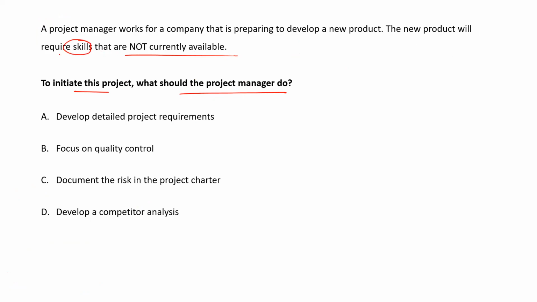Problem is what, skills, right? When it is about a skill, so quality cannot be the answer. There is no word for the competitor in the question. So remaining A and C.